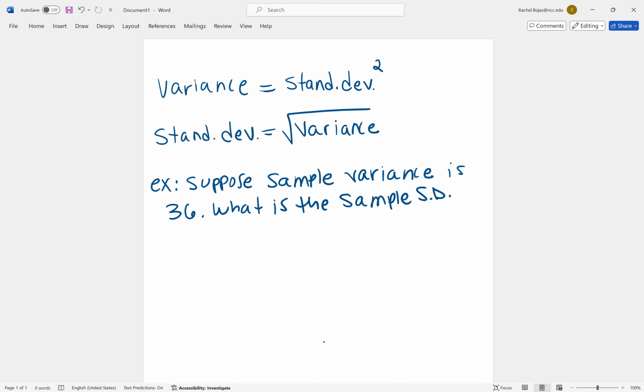So suppose the sample variance is 36. What is the sample standard deviation? So the sample variance is S squared. We know it's 36. Now I want the sample standard deviation, which is S. That's what we're trying to figure out. But remember the relationship between the two. The standard deviation is equal to the square root of the variance. So S is equal to the square root of S squared, which is going to be equal to the square root of 36, and that would be 6.